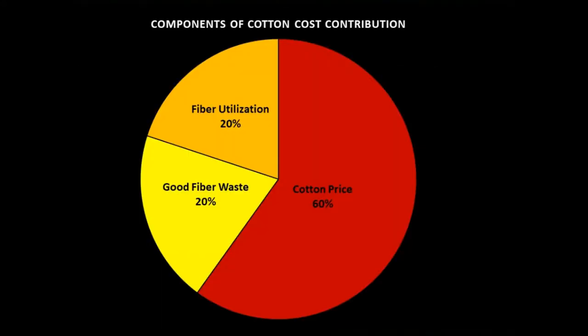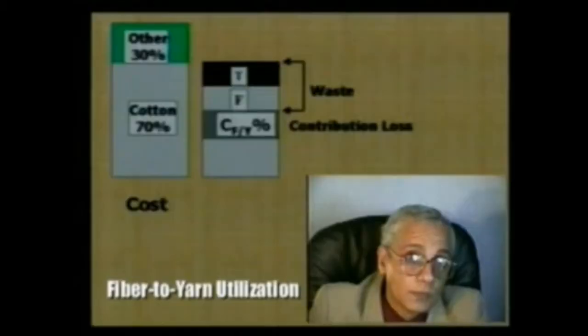As I mentioned earlier, cost distribution is not just waste, but also fiber to yarn conversion efficiency. That is, are we using the raw material we have to its ultimate potential in the yarn?